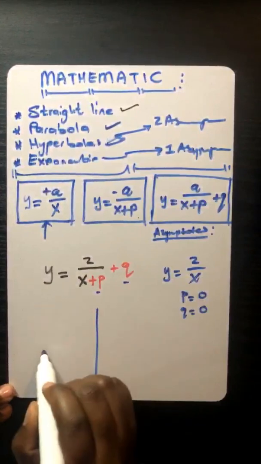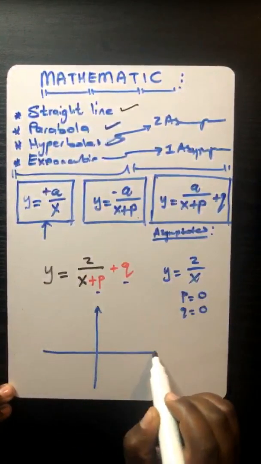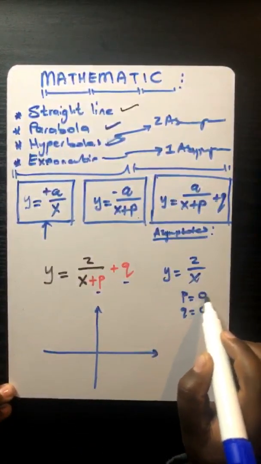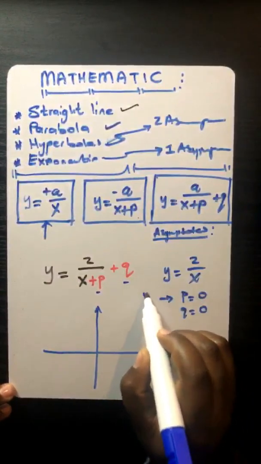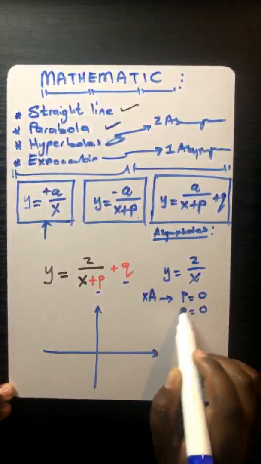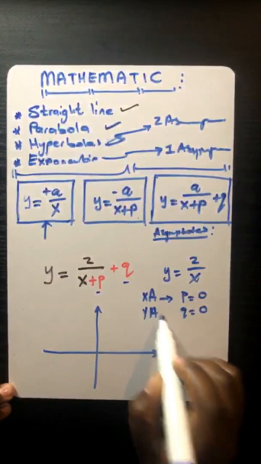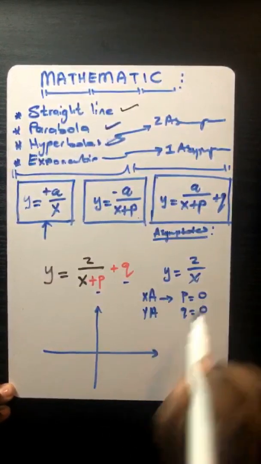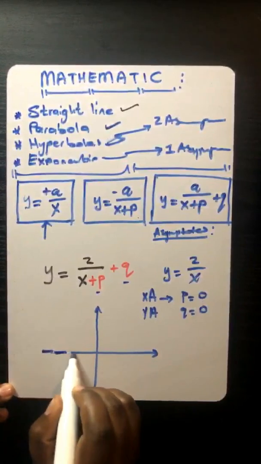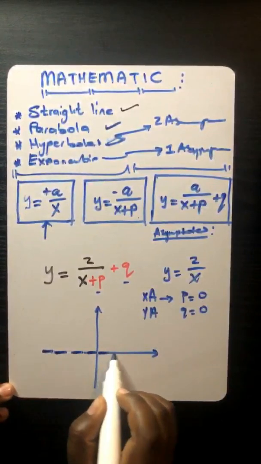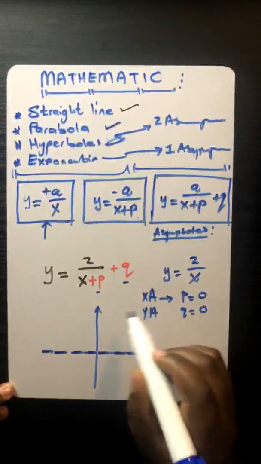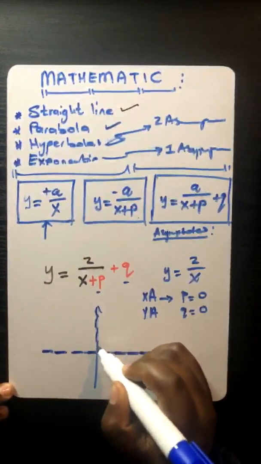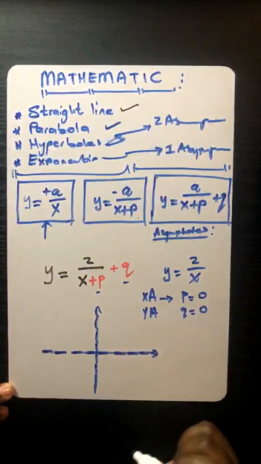That is why, when you draw a Cartesian plane, p is the x asymptote and q is the y asymptote. If it's 0, you can see the y asymptote is inside there, and the vertical one is the x asymptote, cutting the x axis at 0.